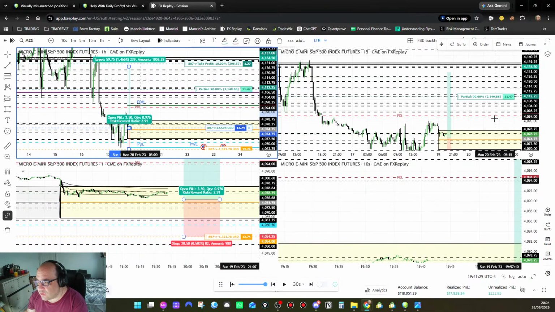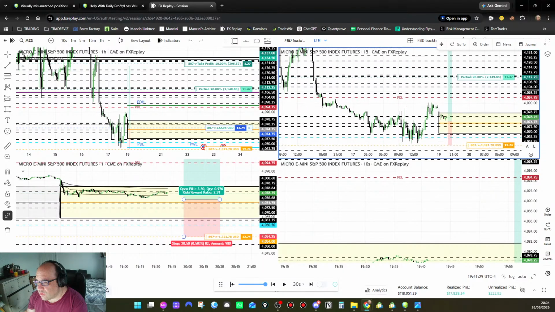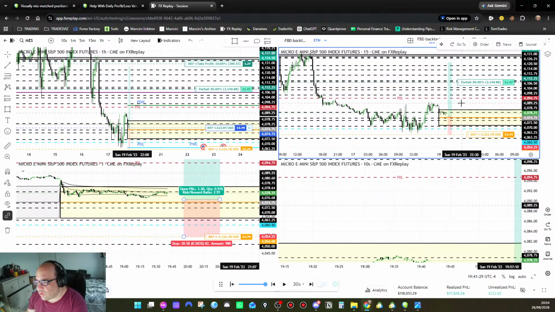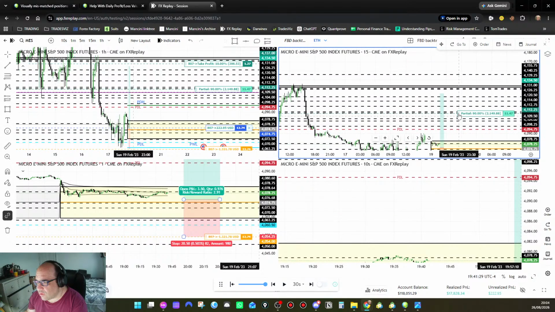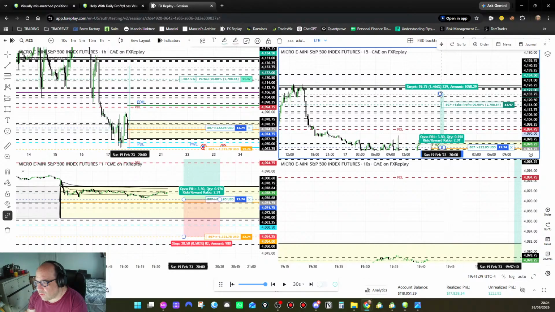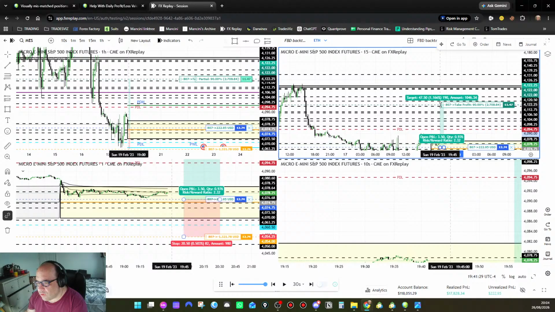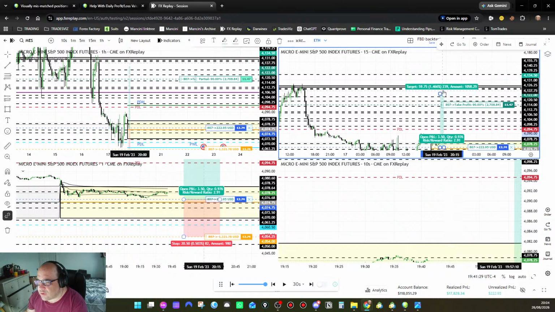Okay, 2.3 R. I would say go for it. Go for the full backtest. So it's a 2.9 R. There we go.